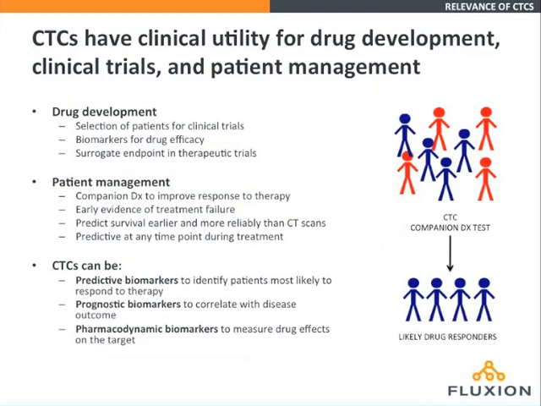Again, in the clinic, these can also be used to stratify patients, to pick the most appropriate therapy, and in some cases, mutational status can be used as a companion diagnostic for certain drug therapies.